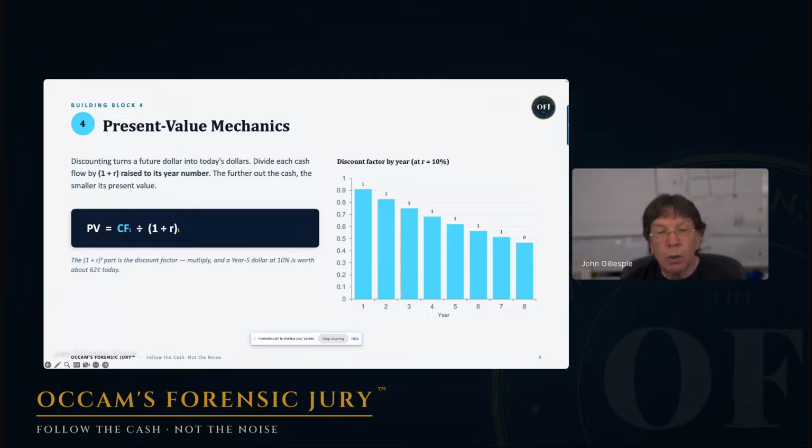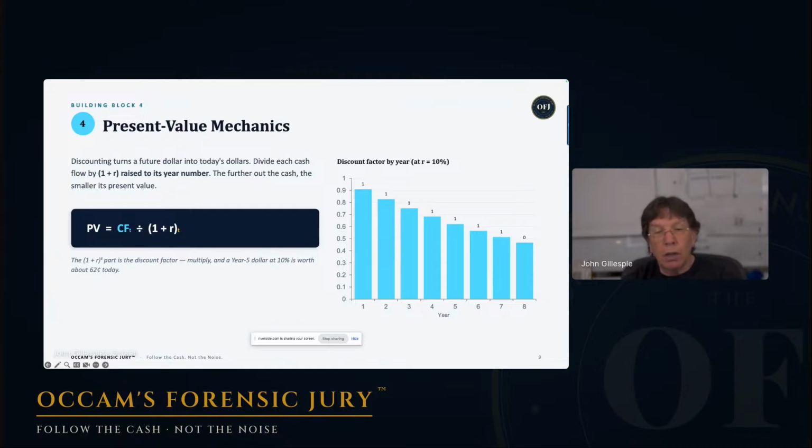So this is the actual arithmetic of discounting, right? You turn future dollars into today's dollars: divide each cash flow by 1 plus r, raised to the number of years. The further out the cash, the smaller the present value. The denominator is the discount factor.